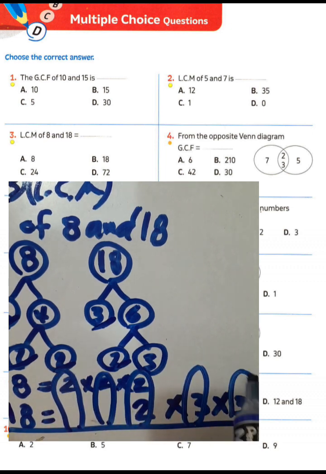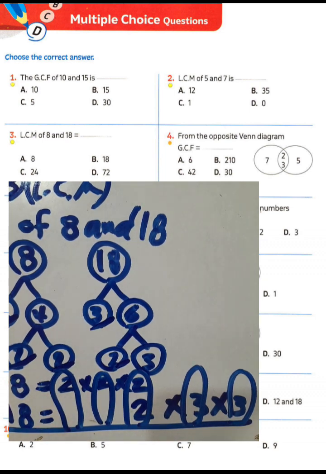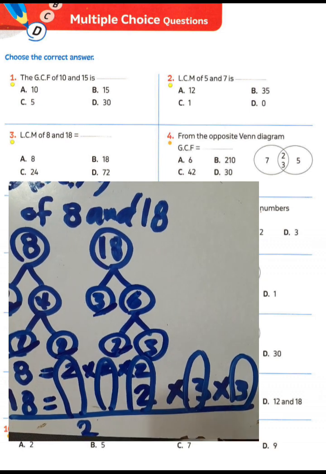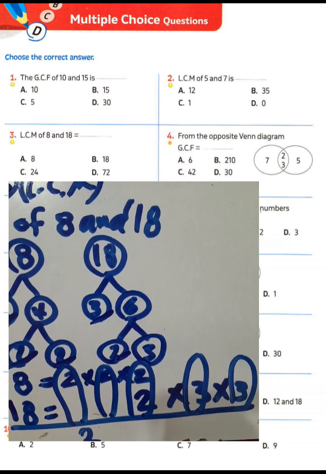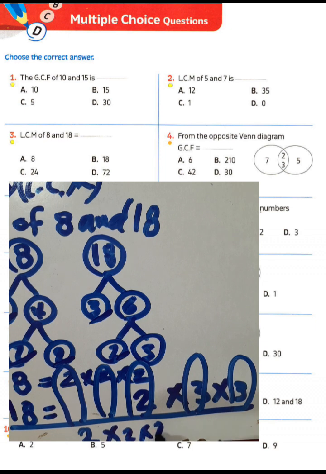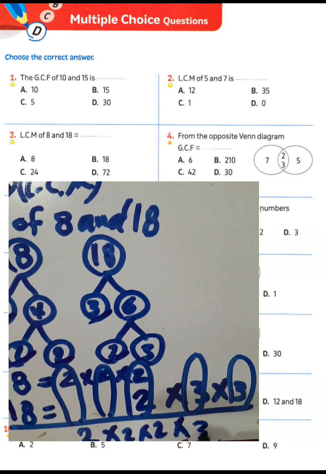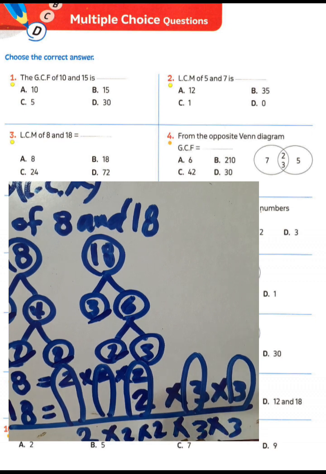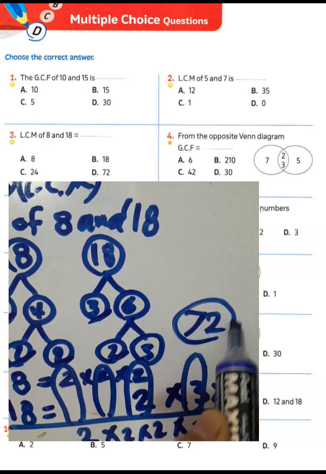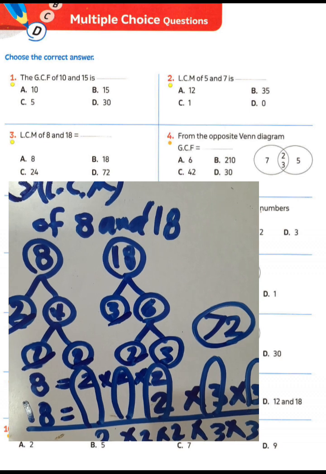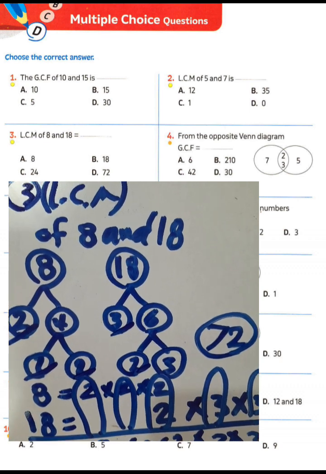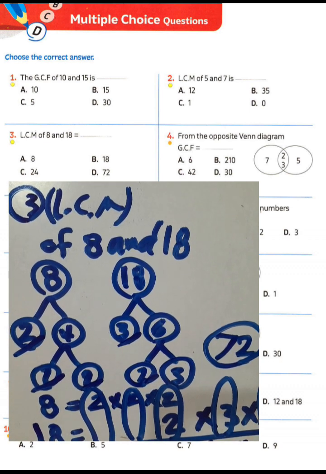About each circle get one digit. Right here 2, and from this circle 2, and here 2, and 3 and 3. 3 times 3 equals 9. 2 times 2 times 2 equals 8. 8 times 9 equals 72. Then the least common multiplication between 8 and 18 will be 72.